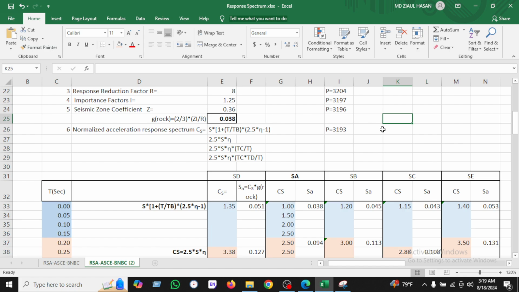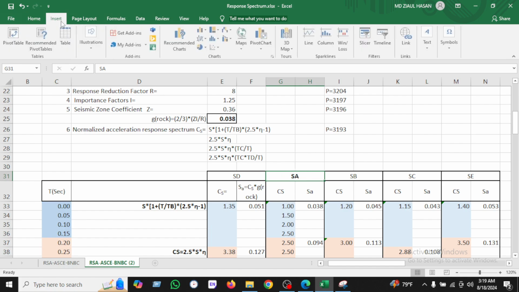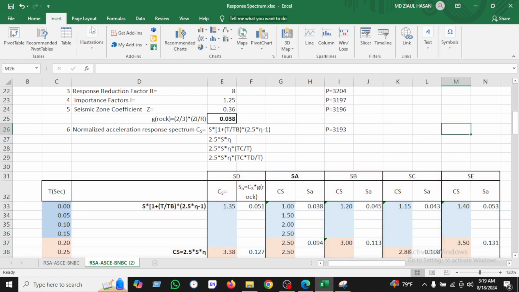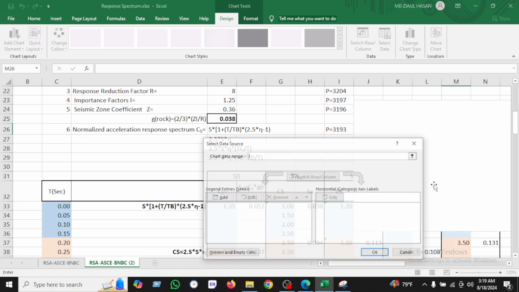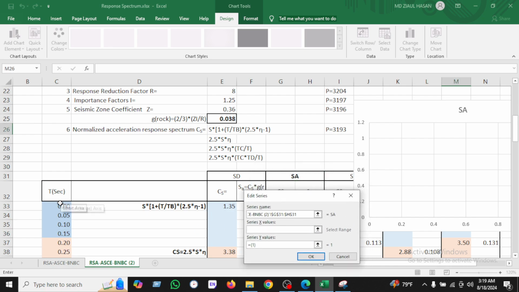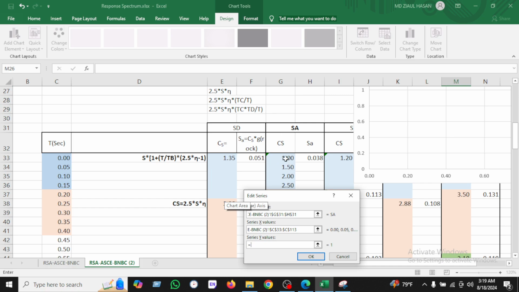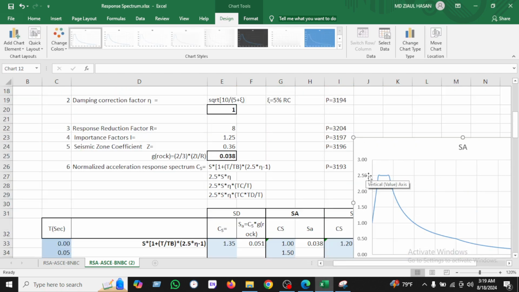If we want to draw the response spectrum of SA, we can go to the insert menu and insert scatter. Selecting the data, add the series name SA, and for the X value we put the time period up to 4 seconds, and for Y we take the CS values up to 4 seconds. Okay, we have found this value.